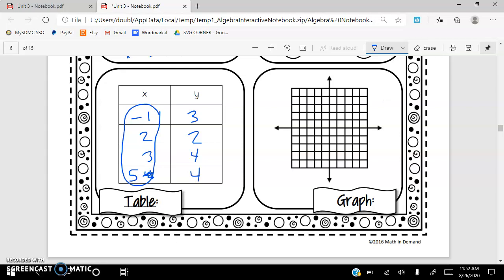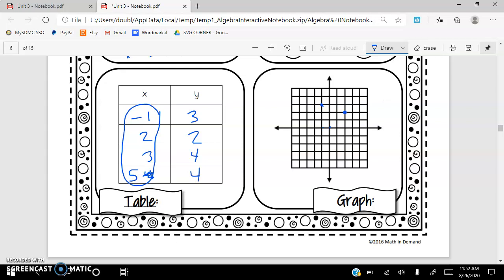Now let's graph. So we have -1, 3. So -1, 3 means I go over 1 and up 3. So that's my point. Okay, my next one is 2, 2. So from my origin, I go over right 2 and up 2. Okay, my next point is 3, 4.